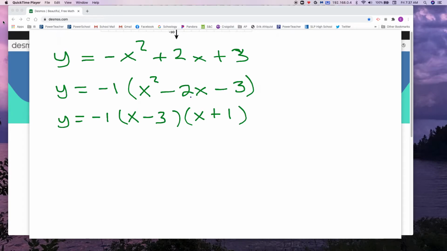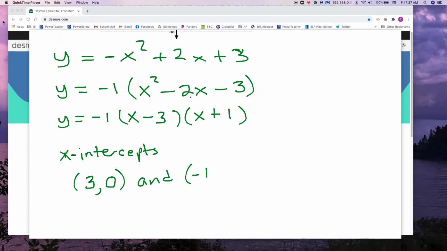What that means is right away I know my x-intercepts. My x-intercepts are 3, 0, and -1, 0.